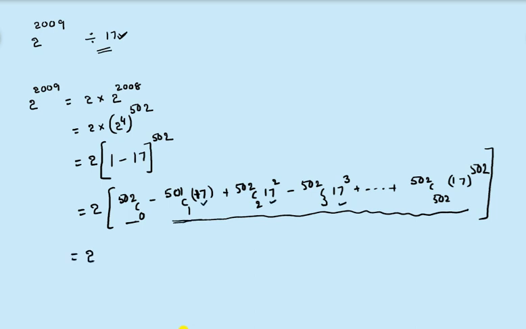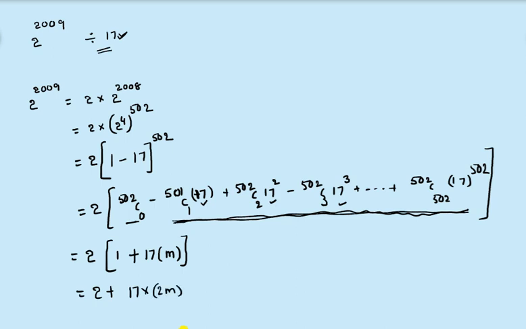So I can write this one as 2 into (502C0 value is 1, plus 17 into some integer), because from all these terms we can take 17 common. That's why 17 into some integer we can write. Now this is equal to 2 plus 17 into 2m.